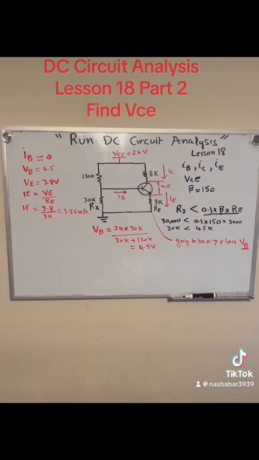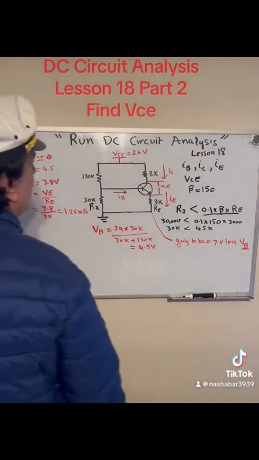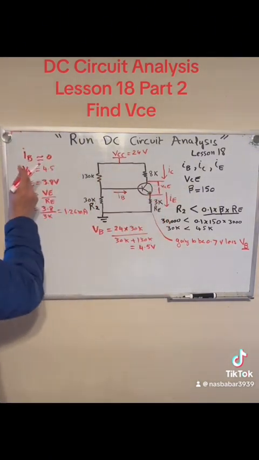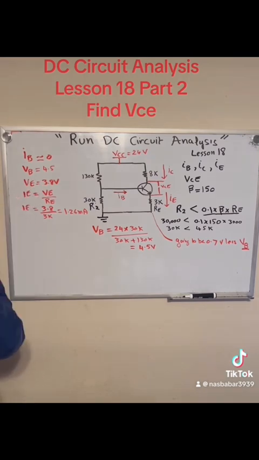Okay, we're making progress. We have I sub B, V sub B, V sub E, I sub E.